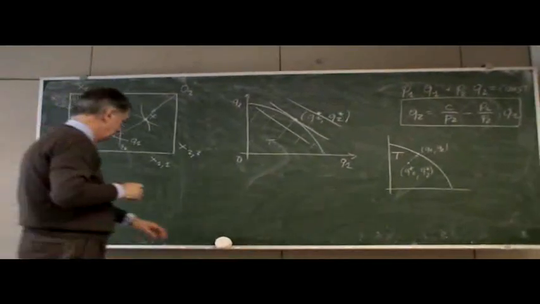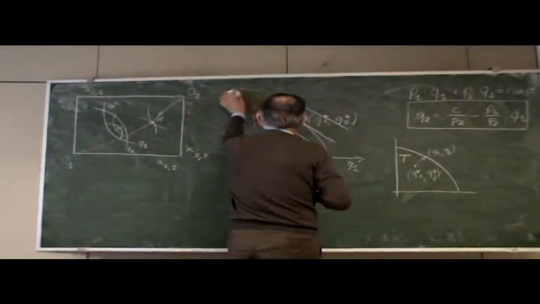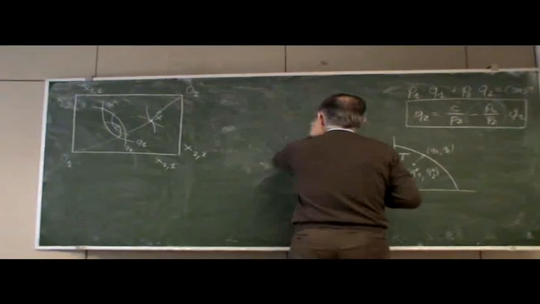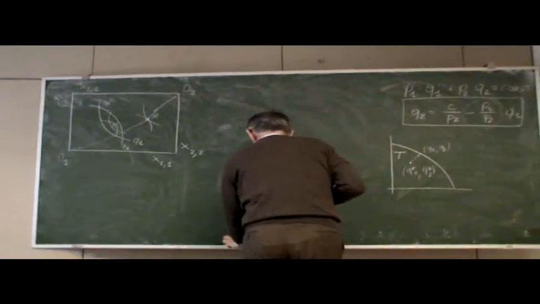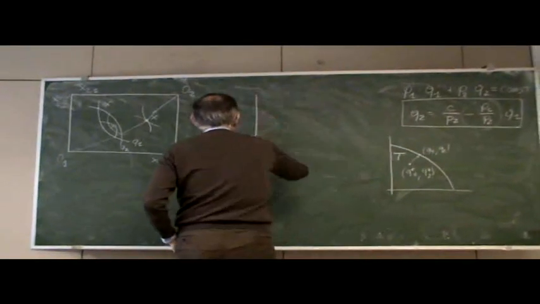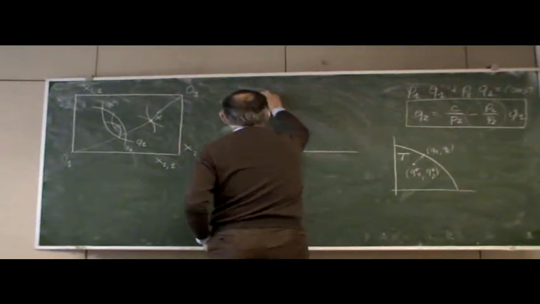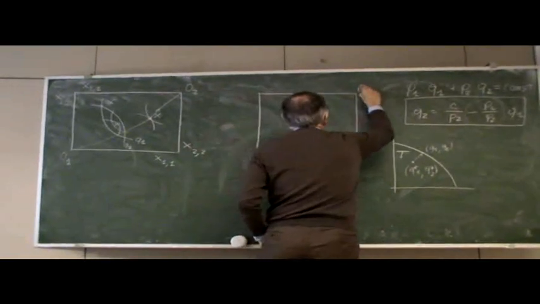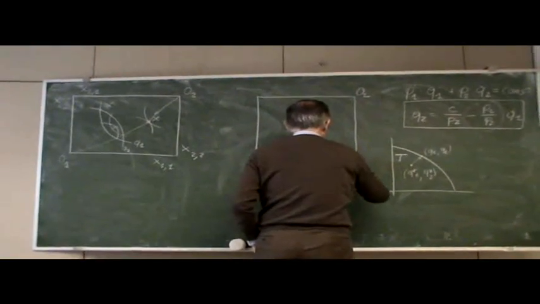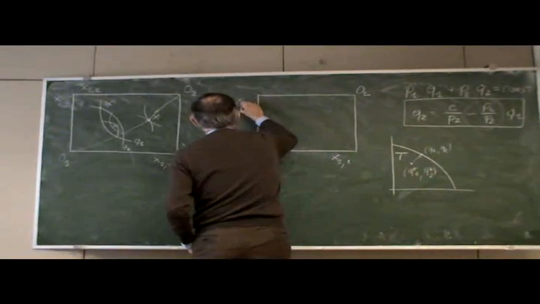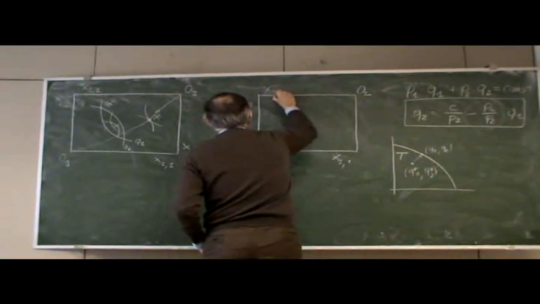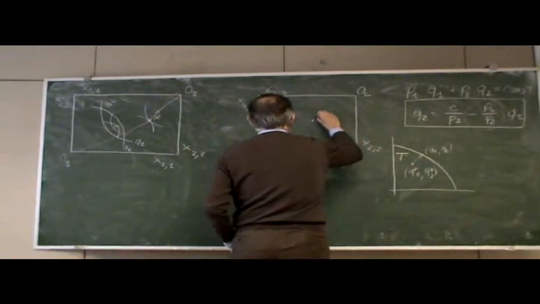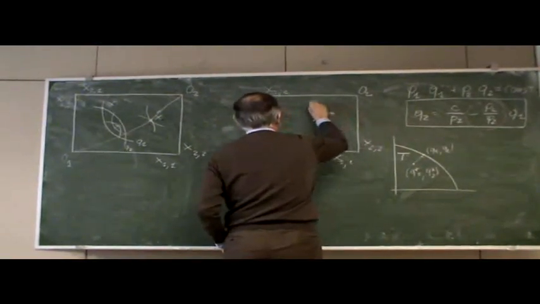So, the situation in the Edgeworth box is the following. The equilibrium allocation of production factors must correspond to a Pareto optimum of production, and therefore, note, will be a point like this.